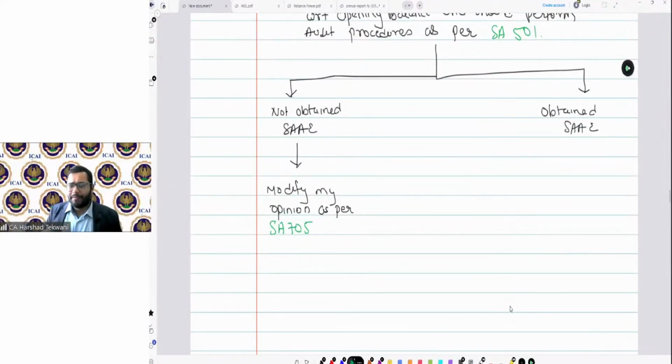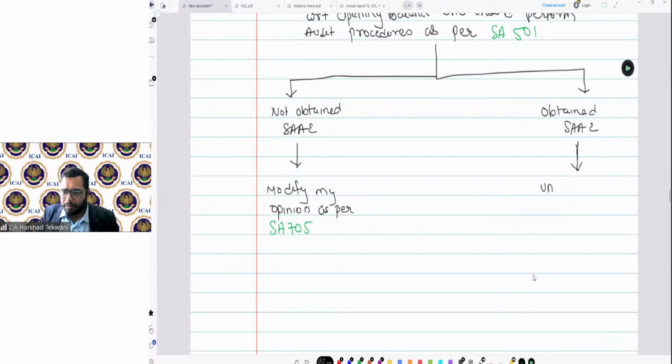If I obtain sufficient and appropriate audit evidence, then what? What should I do? Unmodified opinion?